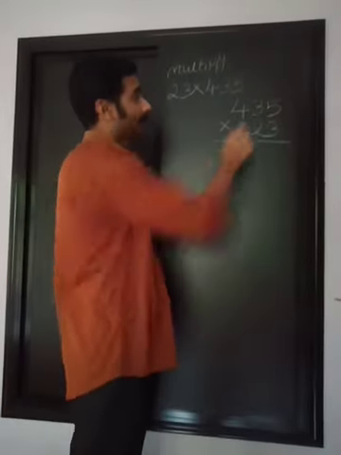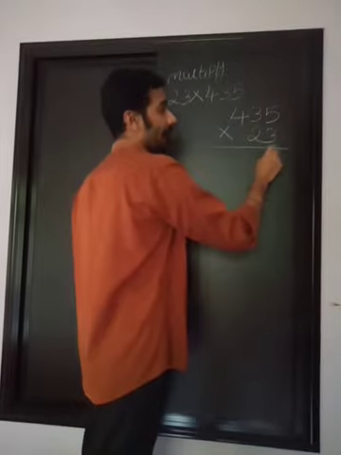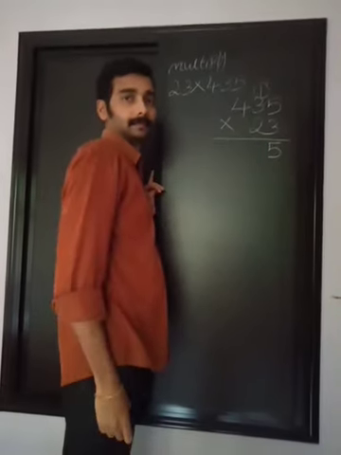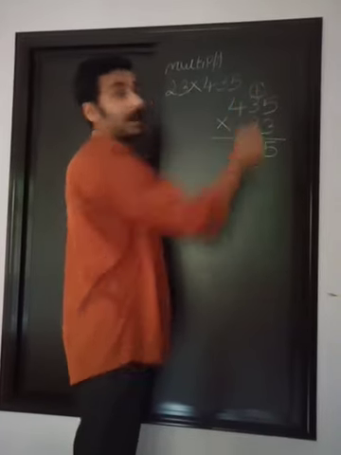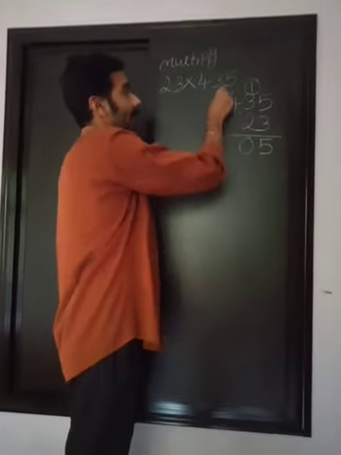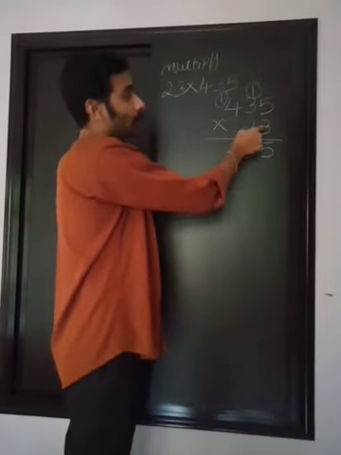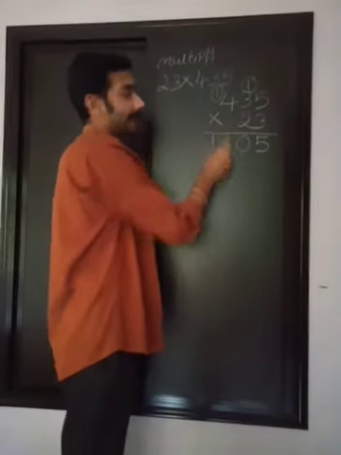Then multiply 5 into 3, 15. First we write 5 and 1 is carry over. 3 into 3, 9. 9 plus 1, 10. We write 0 and 1 is carry over. Then 4 into 3, 12. 12 plus 1, 13.